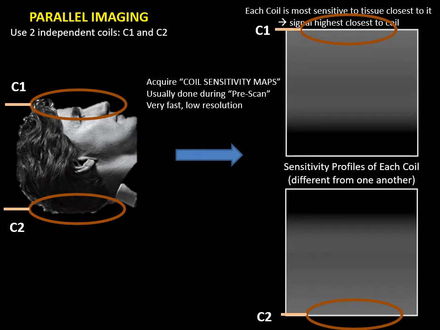So in this schematic for coil C1, we've illustrated that the pixels closer to them are whiter than the pixels further away, and the opposite is true for coil number 2, where the pixels closest to them are at the bottom of the image. They are whiter than the pixels at the far end of the image.